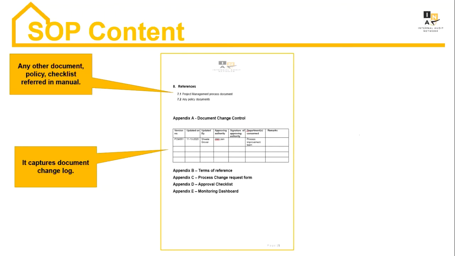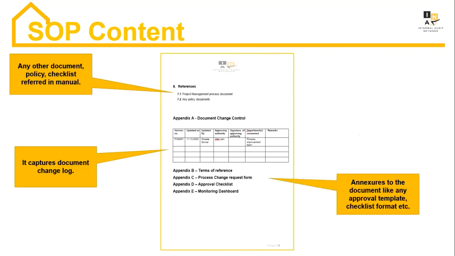If it's interdepartmental or more departments are involved, you have to mention each and every department, because then you have to communicate to each and every department. Then remarks, where you can have a small description of the change. Then you can have terms of reference, the process change request form, considering this particular example, approval checklist, and monitoring dashboard. So that could be your appendix or templates which should be attached with that SOP.